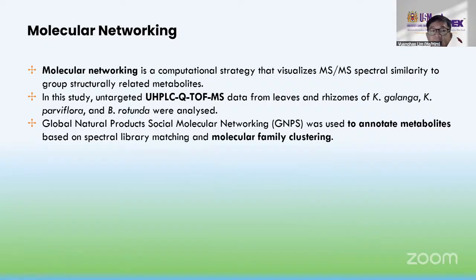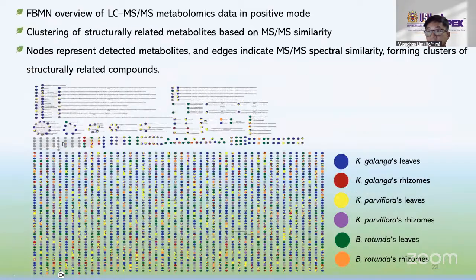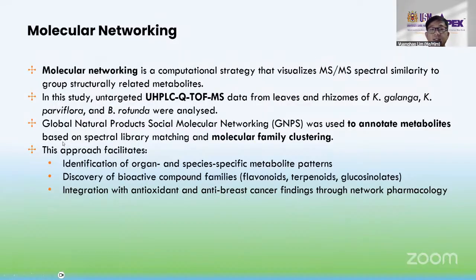As you can see, molecular networking groups metabolites according to similarities in their MS-MS fragmentation patterns, so rather than analyzing the compounds individually, we can also visualize entire families of structurally related metabolites. So of course, this greatly improves the annotation efficiency and also provides insight into chemical diversity in medicinal plants. Okay, so we have the integration with the activity as well.